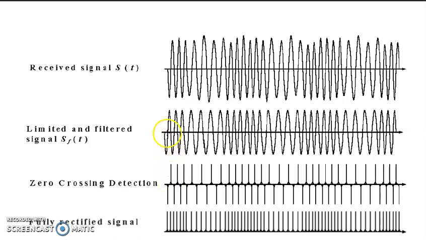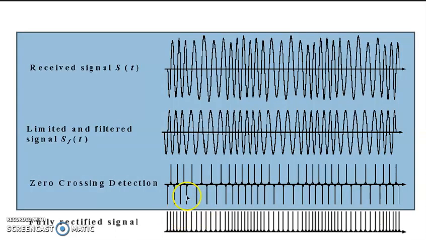For a negative to positive crossover, there is a generation of a positive impulse, while for a positive to negative crossover, there is a generation of negative impulses. So in this way, at the output of the zero crossing detector, we receive a positive impulse as well as a negative impulse at each zero crossing point of the modulated signal.